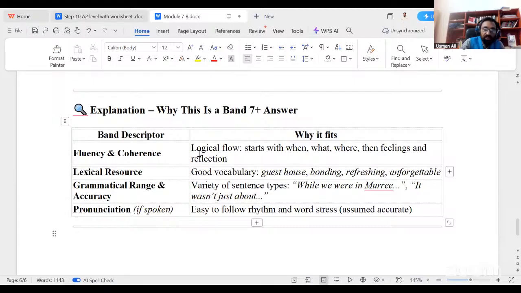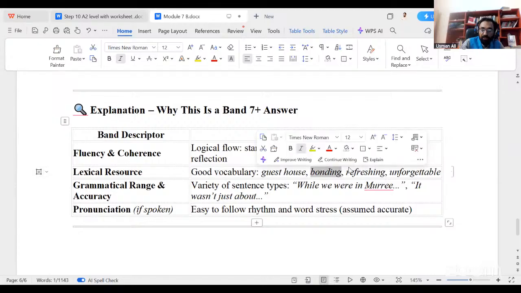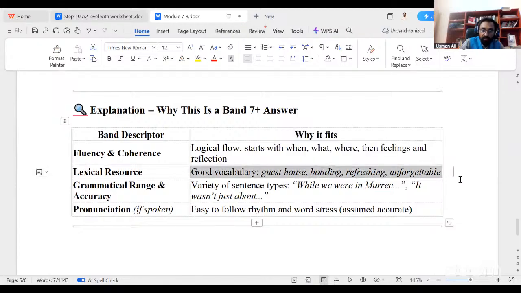If you see, there is a logical flow: it starts with when, what, where, then feelings and reflection. Lexical resource, good vocabulary: guest house, bonding, refreshing, unforgettable. You have used a good collection of words here.